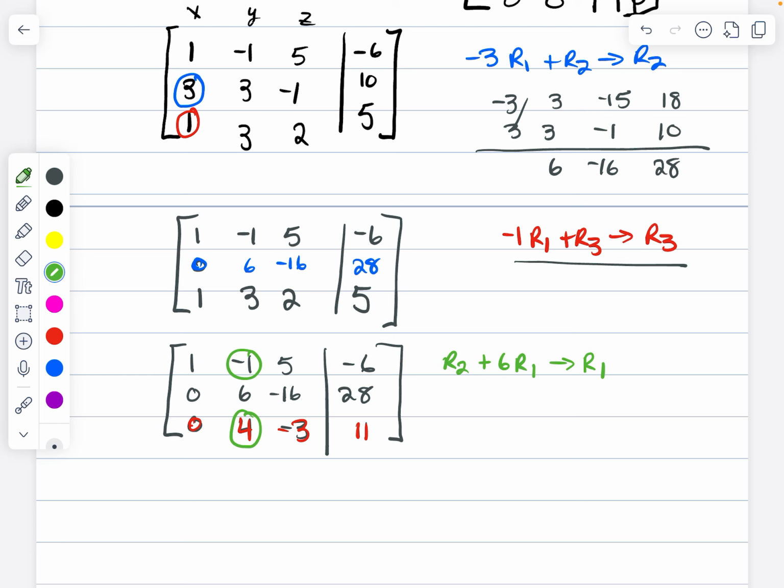Yes, because that would allow that to be 0. So we're using row 2. We know we have a 6 right here. So 6 plus negative 6 is what gives us 0. So that's why we're multiplying row 1 times 6, so that when we add these two together, we'll end up with 0, and we're going to replace it in row 1.